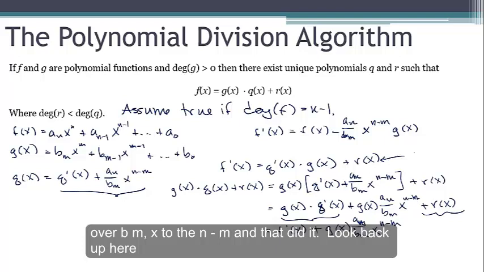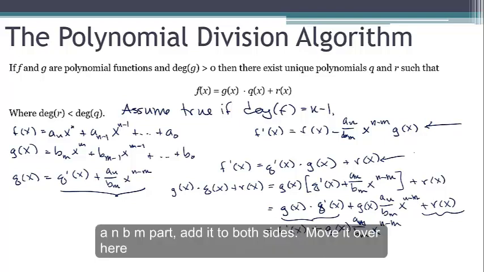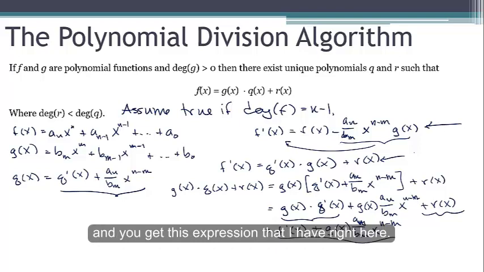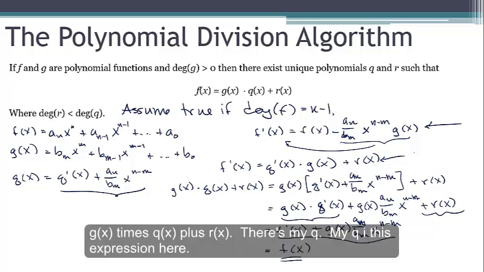Look back up here at this line. If you take this a n b m part, add it to both sides, move it over to here, you get this expression that I have right here, and that is equal to f of x, and that's what I needed. F of x is equal to g of x times q of x plus r of x.